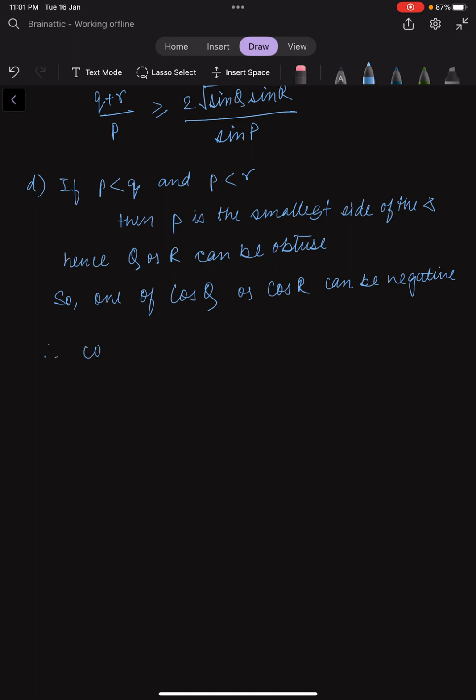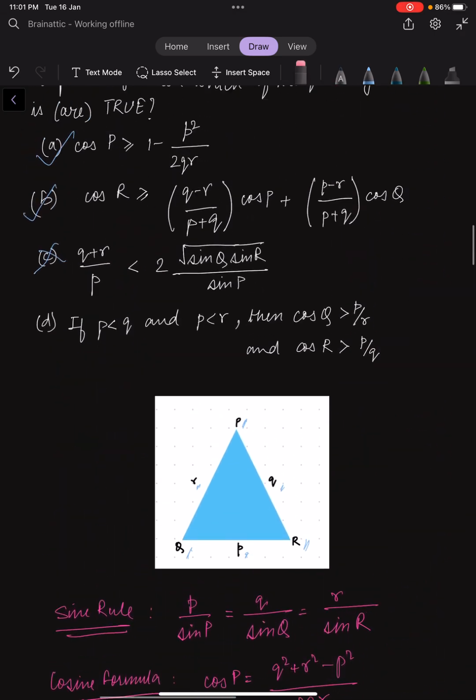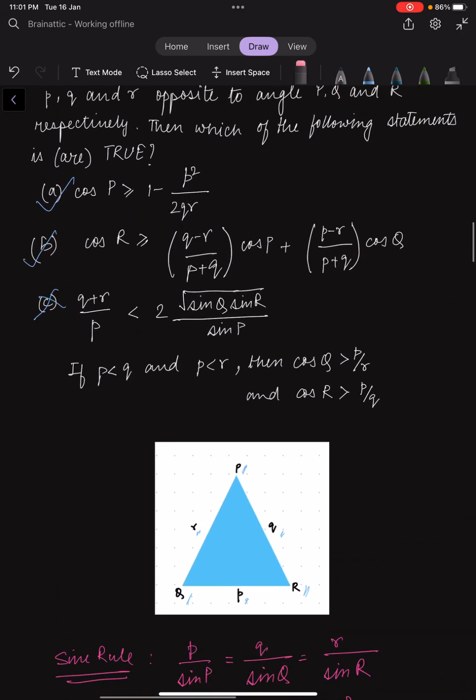Therefore cos Q cannot be greater than p by r, and cos R cannot always hold true. So option D is also incorrect. We cannot have two obtuse angles in one triangle, right?